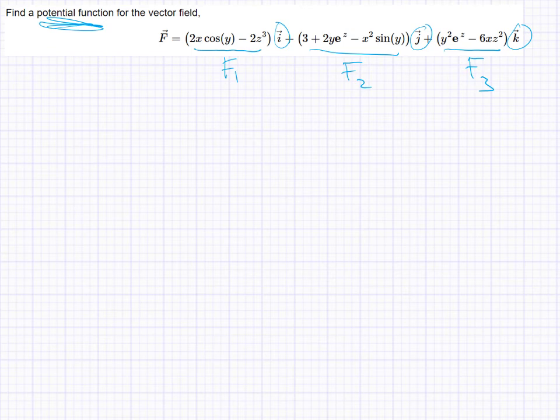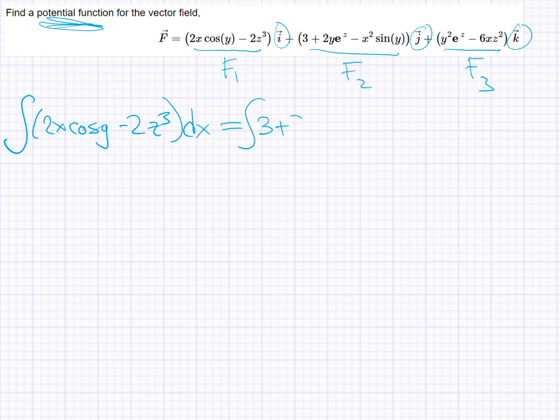And so what we want to do is the integral of f1, which is 2x cosine y minus 2z cubed, with respect to x. And that should be equal to the integral of f2, which is 3 plus 2y e to the z minus x squared sine y, with respect to y.